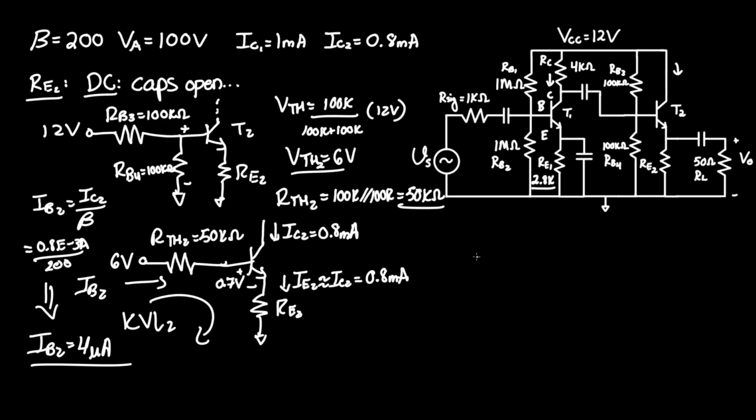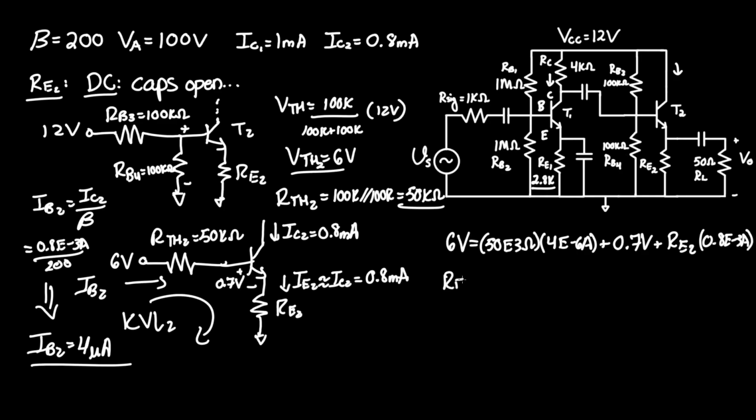Let's now make the equation. Starting from 6 volts on the left, we can set that equal to the resistance R Thevenin 2 of 50k times its current, which we just found to be 4 microamps, plus 0.7 volts. And going down here, we have RE2 times IE2, but we're trying to find RE2, so we'll keep that as the variable, times 0.8E negative 3 amps.